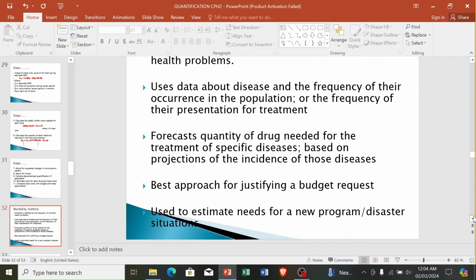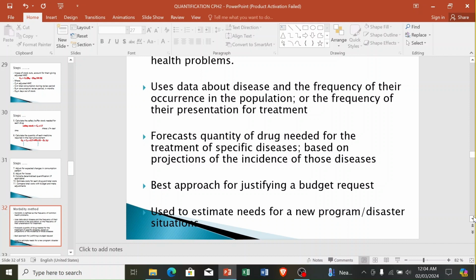And then as time went on, the quantities have reduced in the facilities. They do not quantify in the same way they quantified for COVID-19 in 2019, 2020, 2021, and 2022. So that is how morbidity works.